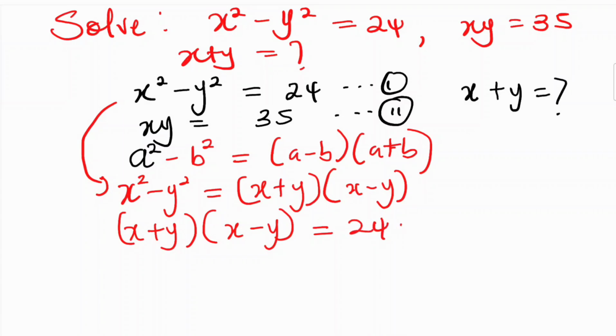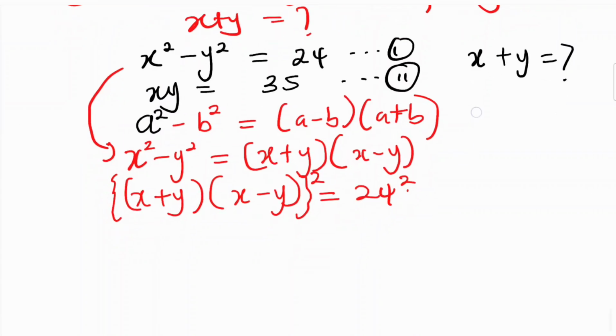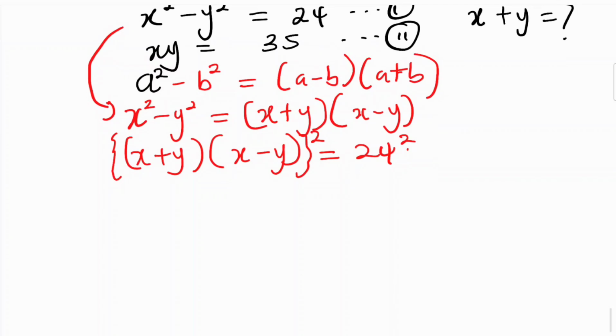On having this, we can decide to square both sides to see what we'll get. Square the left hand side and also square the right hand side so that we can simplify. Remember the laws of exponent, which says that ab all squared is equal to a squared b squared.